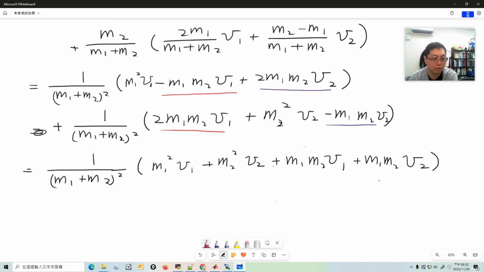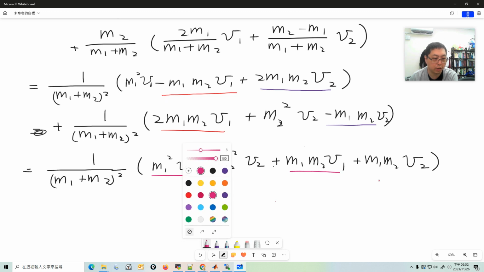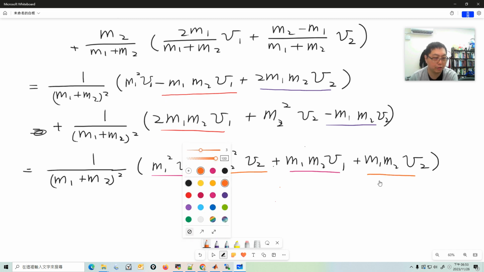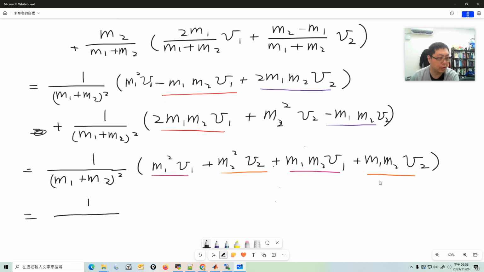I can group these two terms together, and also these two terms together. Here is the same m1 plus m2 squared. When we group these two purple terms, we have m1 v1 times m1 plus m2.